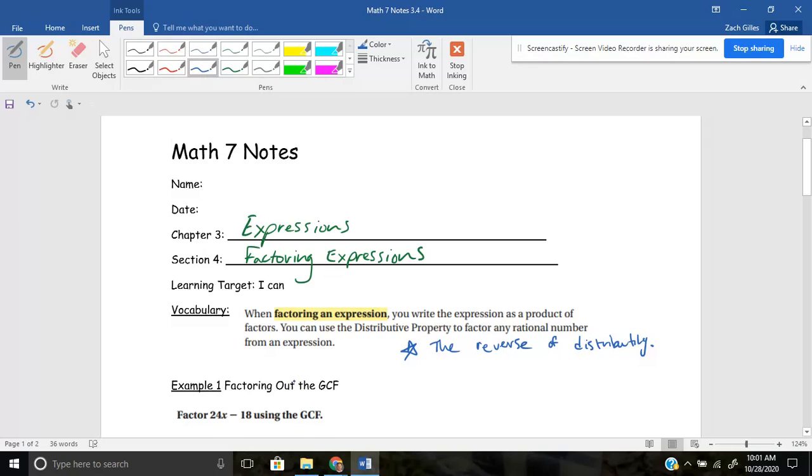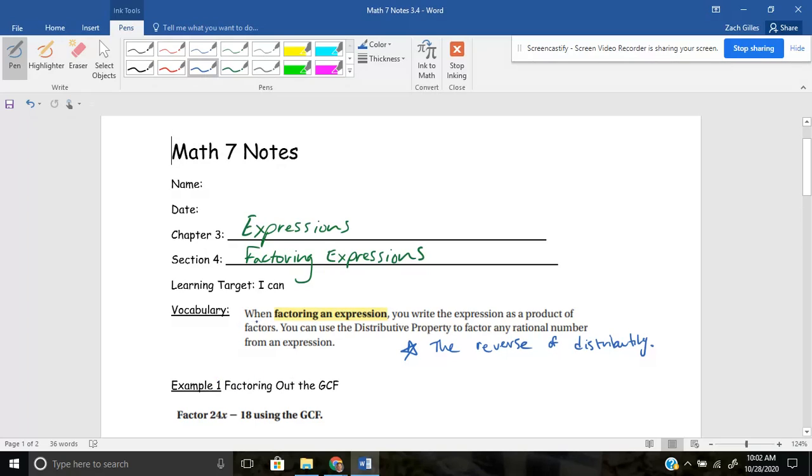Last section we learned how to distribute, which was kind of like taking a number and multiplying it by an expression. And this section you're going to be given an expression, for example, 24x minus 18, and you're going to try to factor that by essentially reversing the distribution. That might sound a little confusing, but we'll go through a few examples and I think you'll catch on.